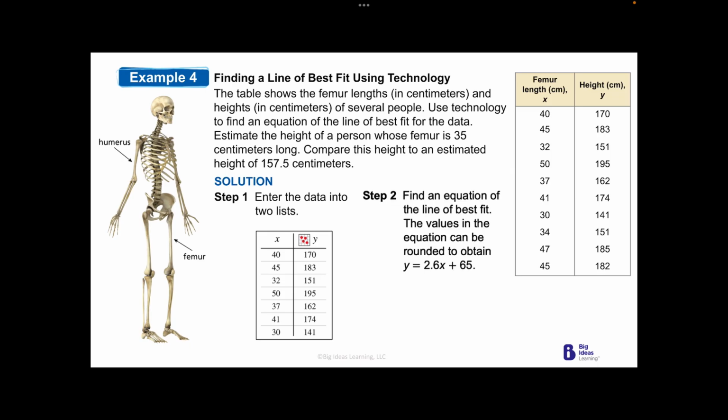And then from there, it will create the equation for you. So this one, your M would be 2.6 and your B would be 64.99. So this one was kind of nice. I went ahead and rounded to where y equals 2.6x plus 65. Keep in mind, technology is doing this for this example.